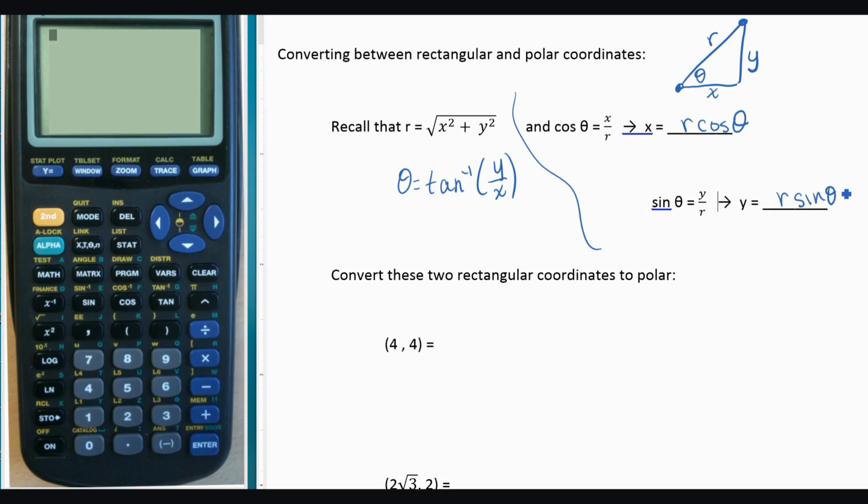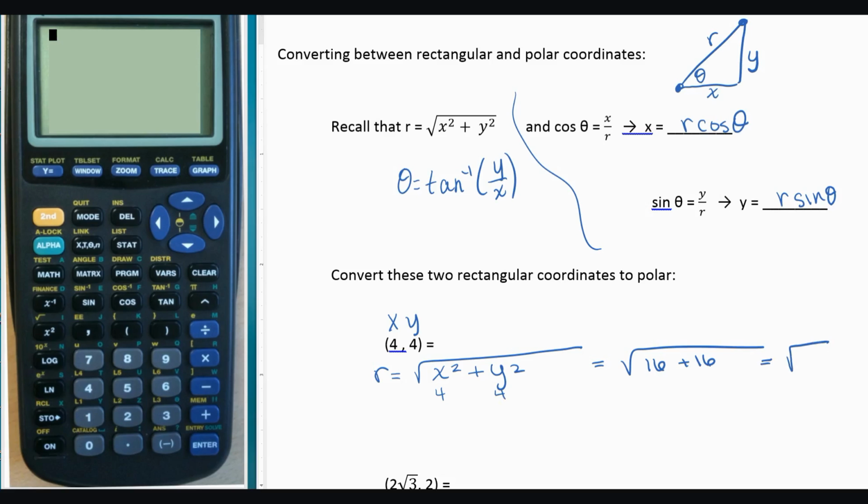Okay, so this says convert these two rectangular coordinates to polar. So if we're starting with rectangular, we have x and y, and we want to find r and theta. So the first thing we're going to do is r is equal to the square root of x squared plus y squared. So here it'd be the square root of 16 plus 16, since we're putting in 4 here and 4 here.